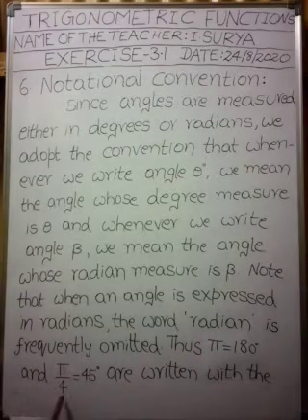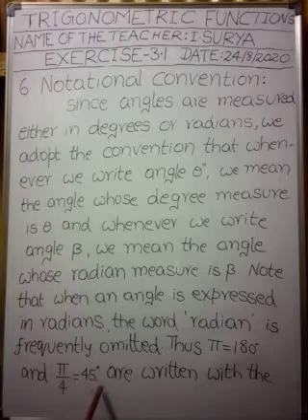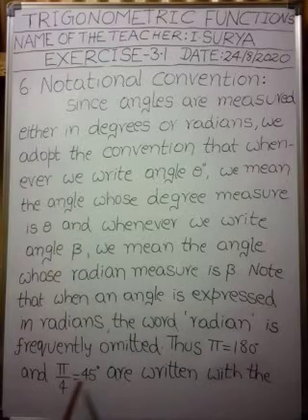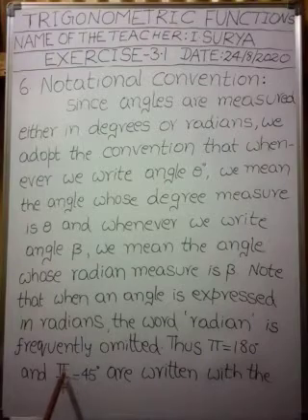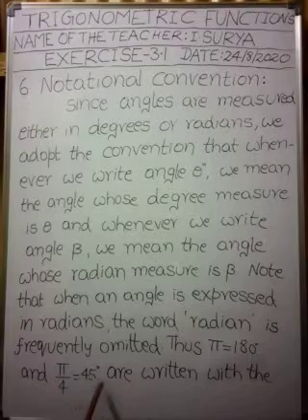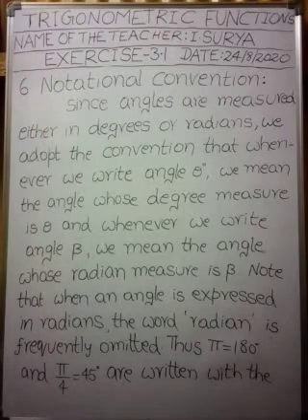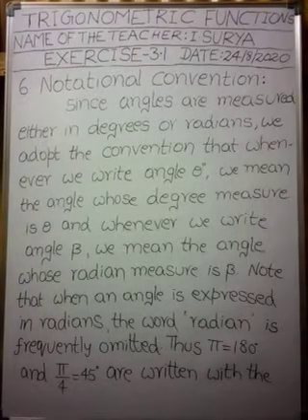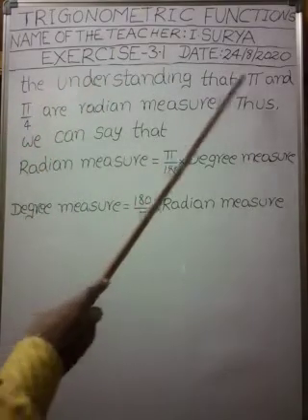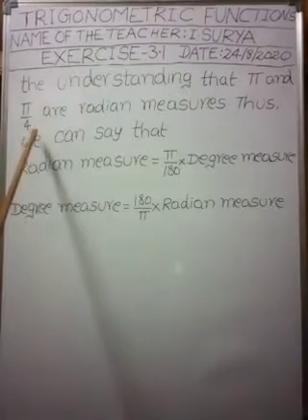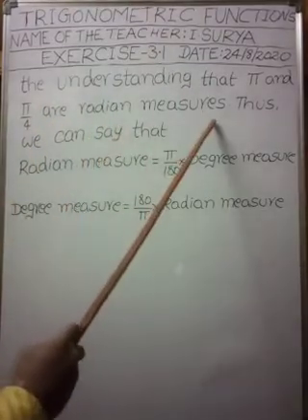Similarly, pi by 4 radians is equal to 45 degrees. Have you observed here also? My dear children, we did not write the word radian. Pi by 4 means pi by 4 radians only. It is written with the understanding that pi and pi by 4 are radian measures.